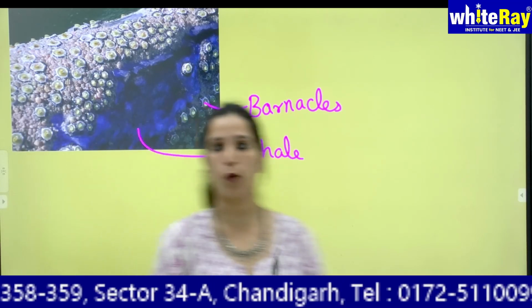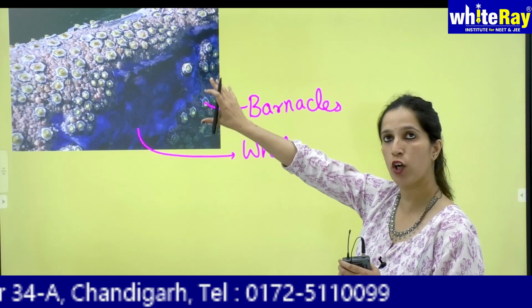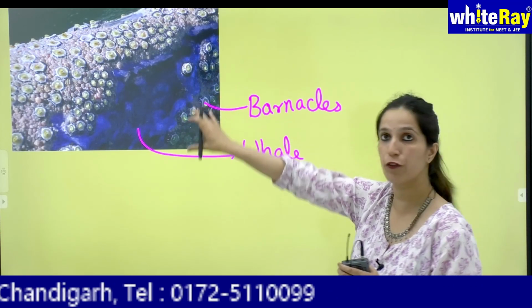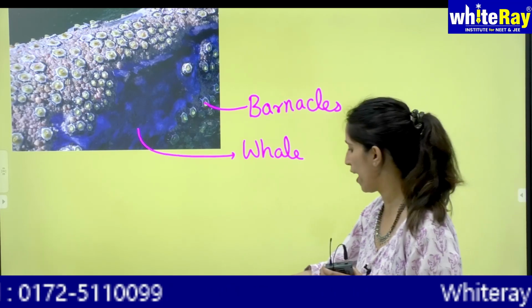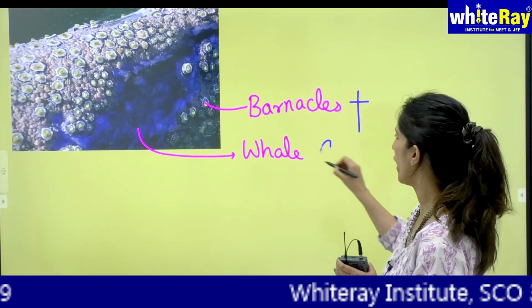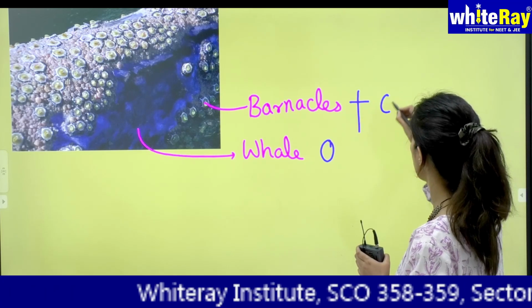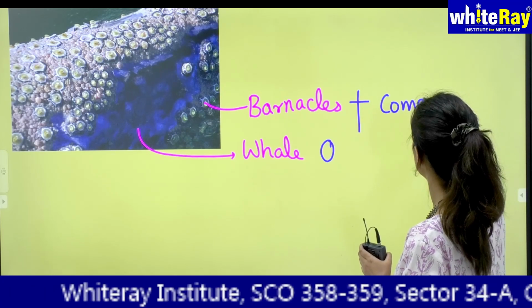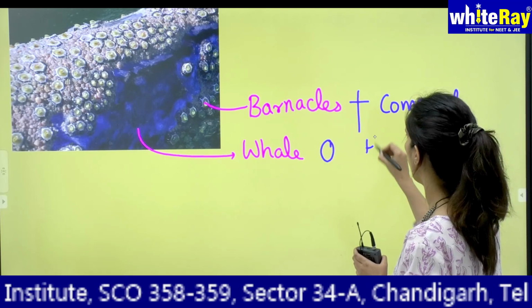So when you see बहुत सारे barnacles growing on the back of the whale, this is an interaction of commensalism where barnacles are benefited, whale is neither benefited nor harmed. Barnacles are commensals here and the whale is the host.